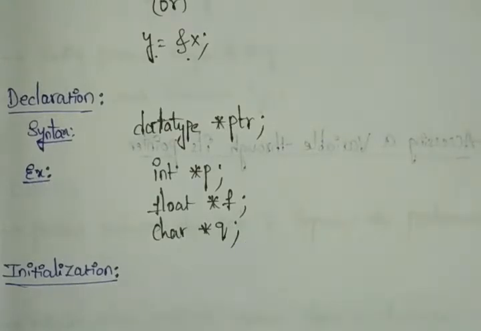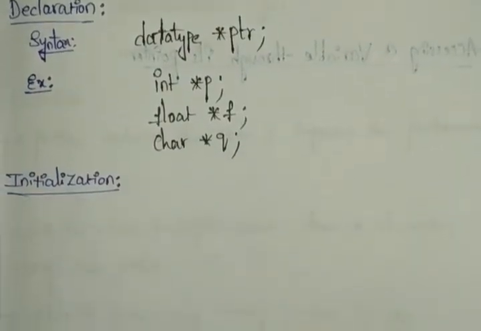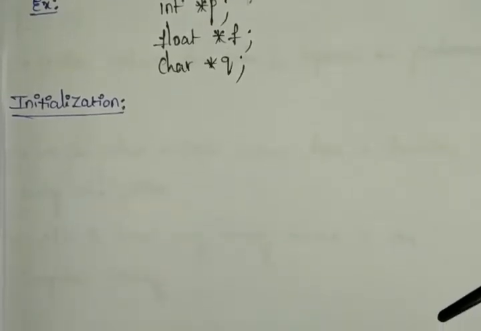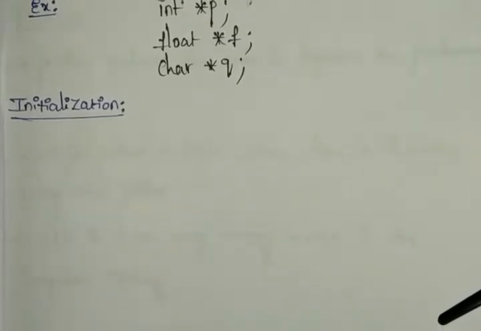Okay, and next here we have the initialization. Initialization for our pointers. For example, if you're using any variable for the pointer, it can be initialized during the declaration, at the declaration point only.